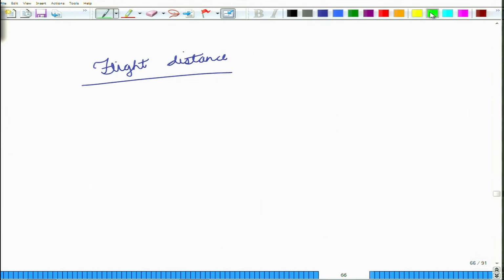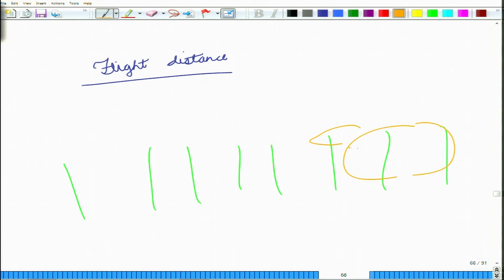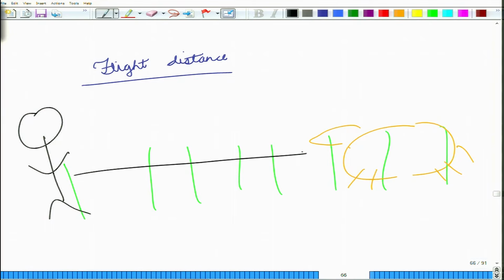Suppose you have a grassland and suppose you have an animal, say a cheetal, that is standing here. Now, you are here and you go towards the cheetal. Now, you are say at a distance of around 200 meters.